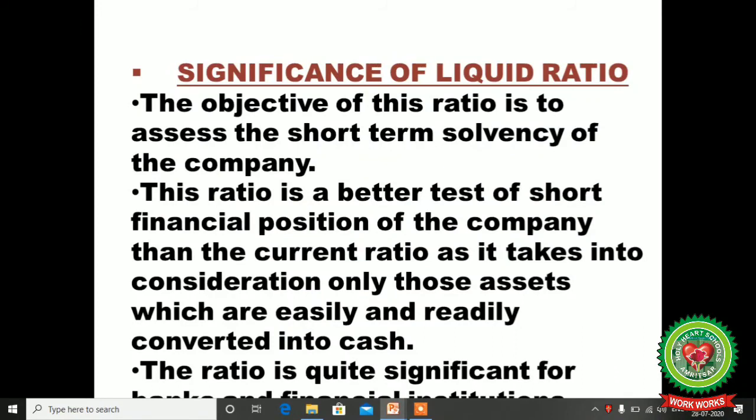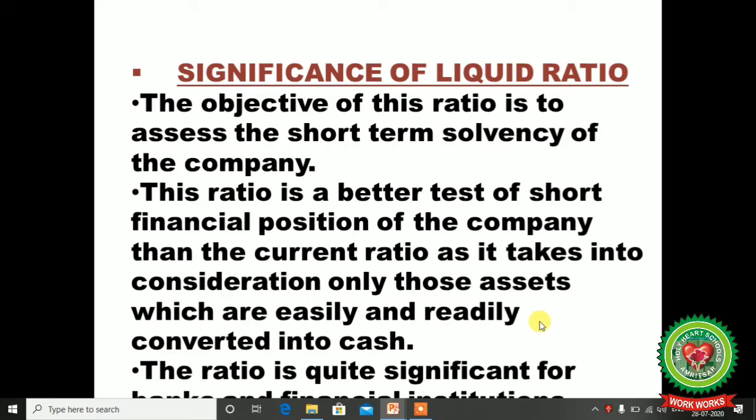Now, what is the significance of liquid ratio? The objective of this ratio is to assess the short-term solvency of the company. You can check how solvent the company is, how easily the company quickly pays the liability. You can find out with the help of the liquid ratio. This ratio is a better test of short-term financial position of the company than current ratio, as it takes into consideration only those assets which are easily and readily converted into cash.